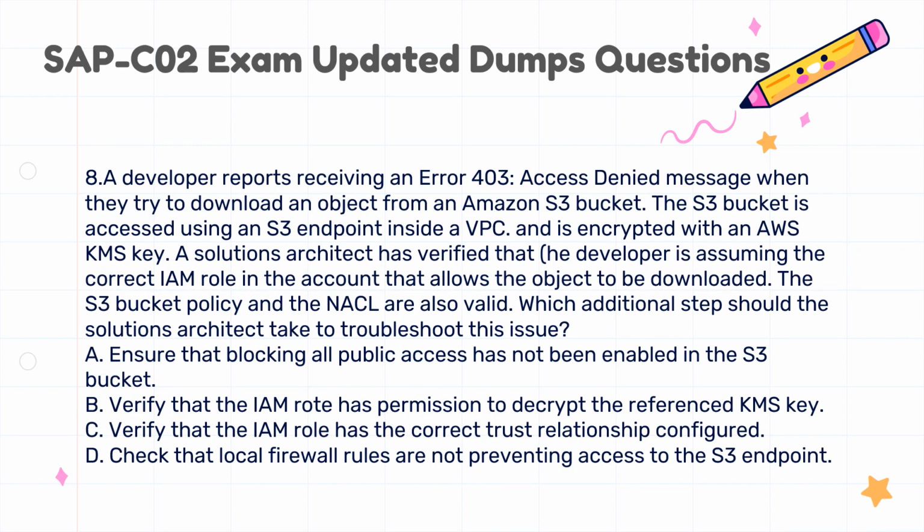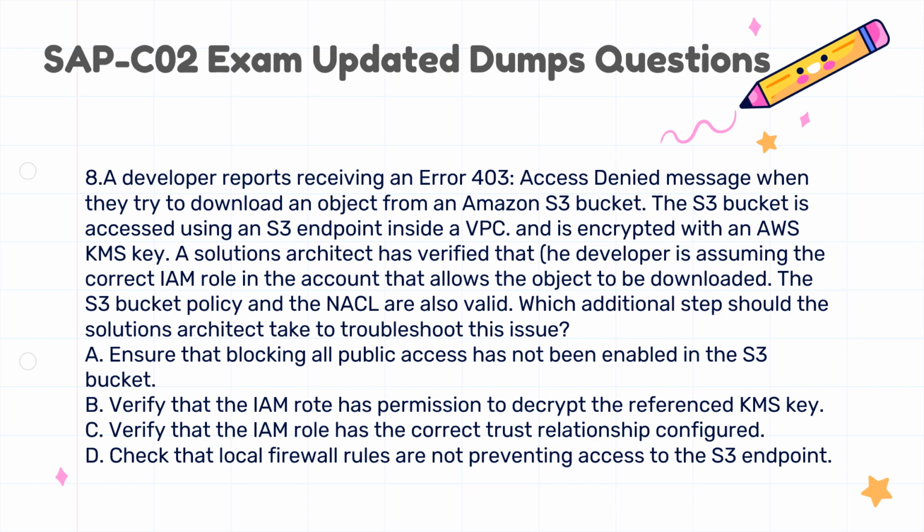8. A developer reports receiving an error 403 access denied message when they try to download an object from an Amazon S3 bucket. The S3 bucket is accessed using an S3 endpoint inside a VPC and is encrypted with an AWS KMS key.